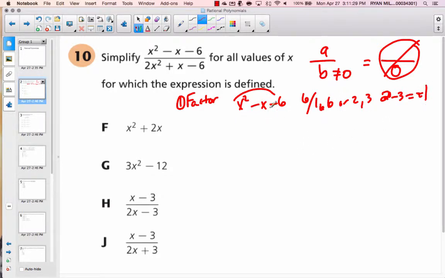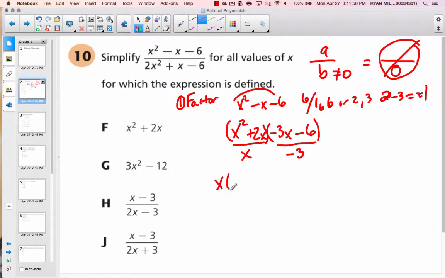So now I can break this up into x squared plus 2x minus 3x minus 6. Throw in my grouping symbols. I'm going to divide this one by x and this one by negative 3. In this first pair, I get x times x plus 2, minus 3 times x plus 2.